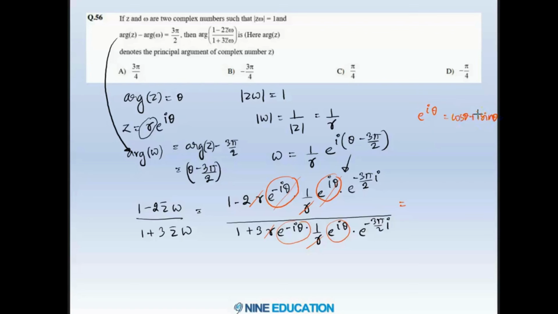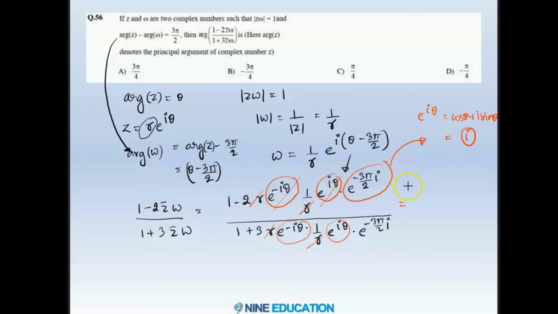Putting theta as minus 3 pi by 2, the cos term will be 0, and sin of minus 3 pi by 2 is minus of sin 3 pi by 2, which is again going to be 1. So it is going to be just i.